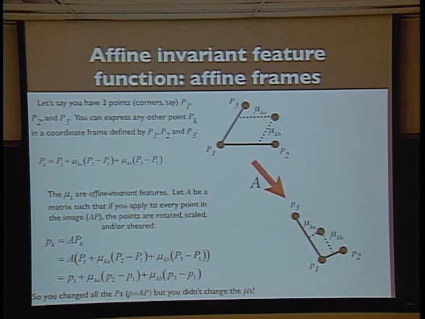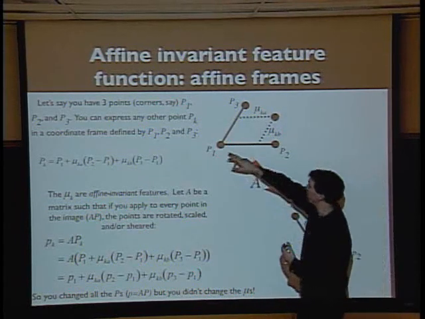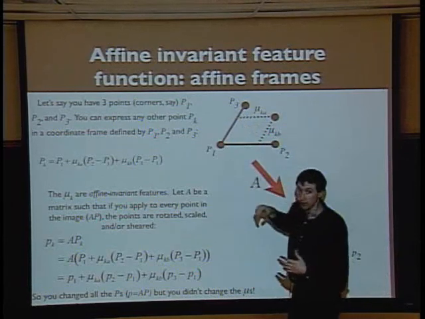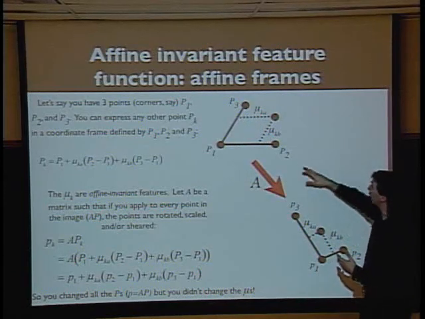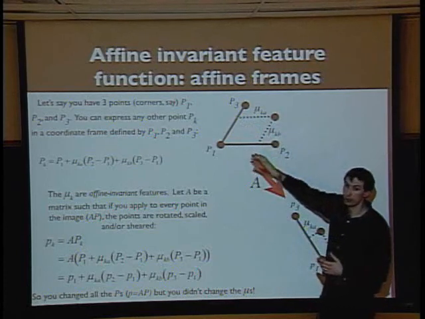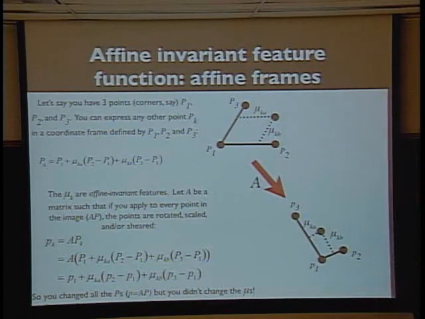Then what we can do is basically construct what amounts to a coordinate frame using P1 as the origin, P2 as something like the x-axis, P3 as something like the y-axis, and make a coordinate frame out of these 3 and measure the coordinates of that 4th point with respect to this coordinate frame. So this is immediately probably going to seem kind of strange to a lot of you, because most of the time when we talk about coordinates, we're talking about the x and y coordinates in a Euclidean space, which is to say it's the usual thing where there's a right angle between the x-axis and the y-axis.